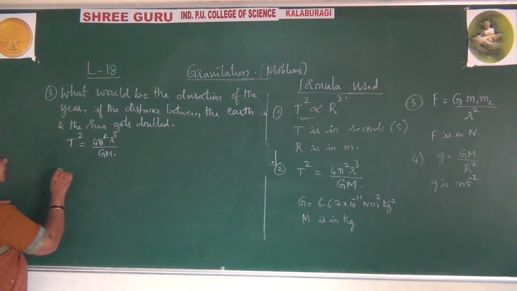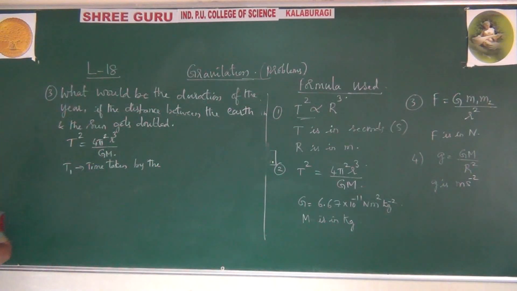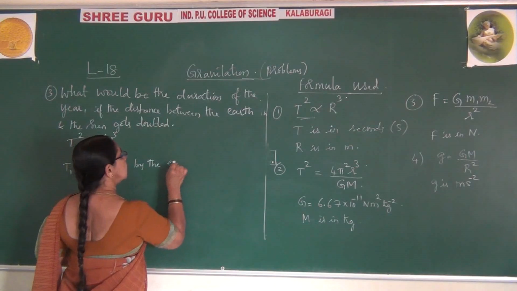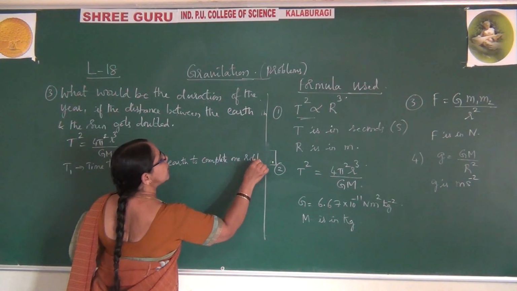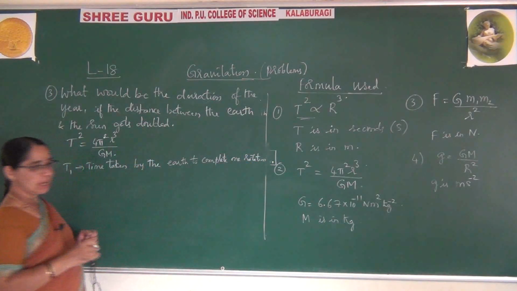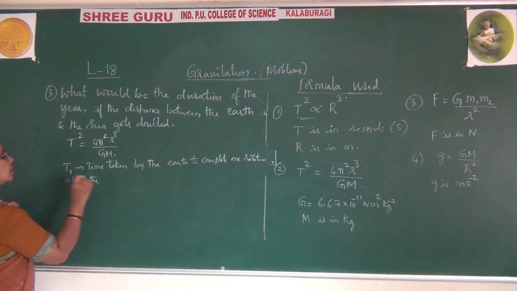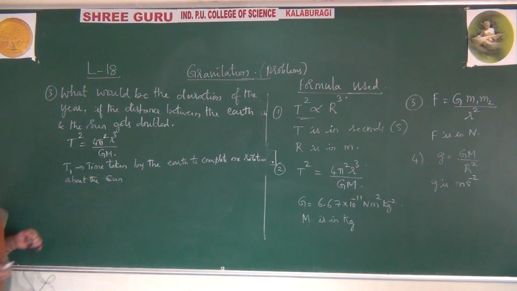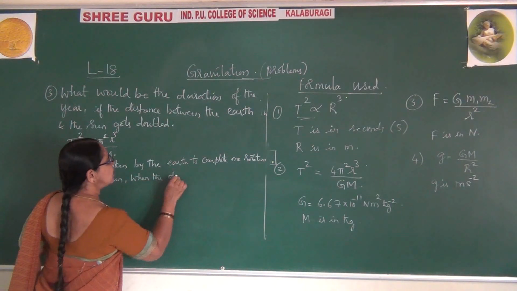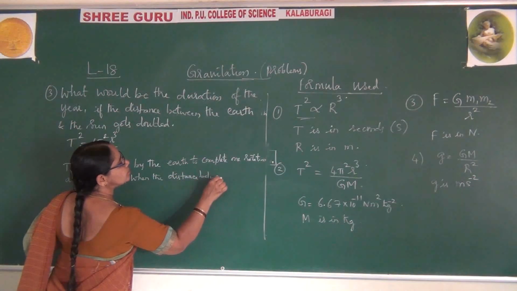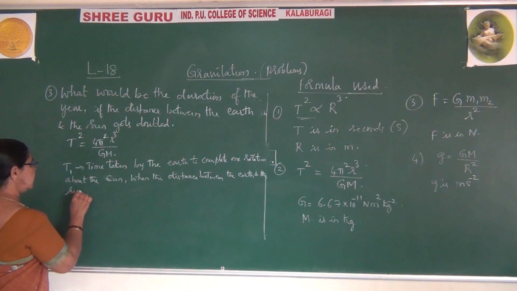Here in this case, T1 is the time taken by the earth to complete one rotation about the sun, when the distance between the earth and the sun is r.